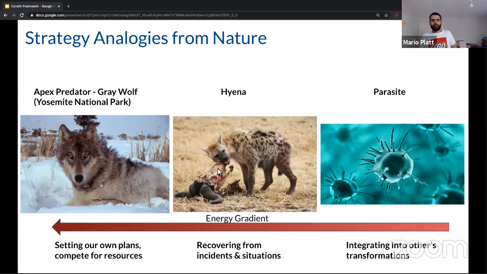So if we think more like a parasite, what it can potentially mean is that we integrate into other people's transformations. So we're not necessarily trying to make security change happen. What we're doing is paying a lot of attention, and I'm going to say this again, we're paying a lot of attention to the transformation programs of all the other business areas. We are going to be reading the agile strategy top to bottom.